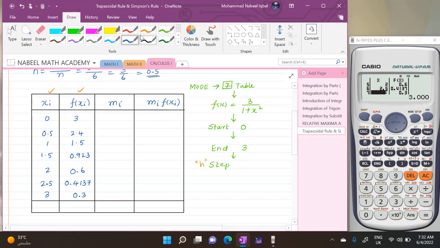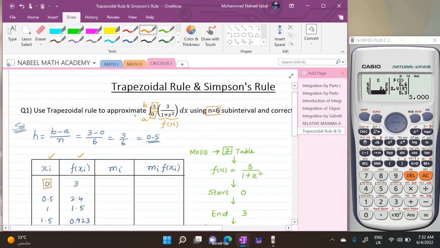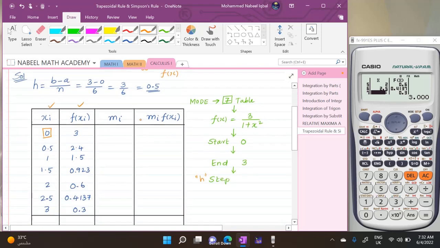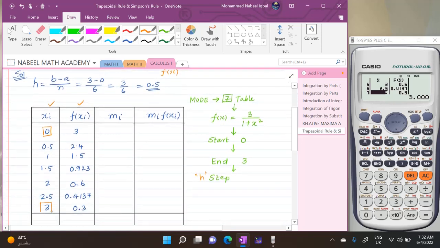Always the values start with the lower limit, which is 0 in this case, and end at the upper limit.